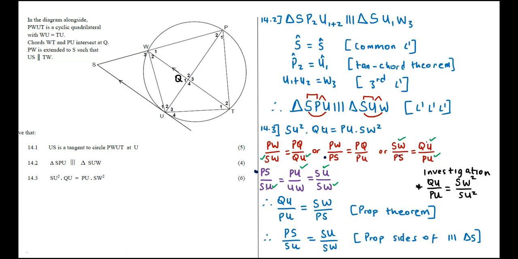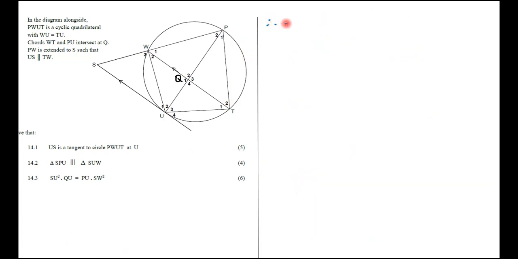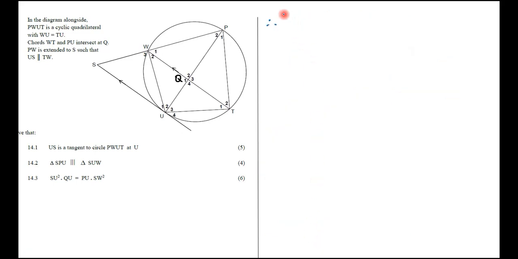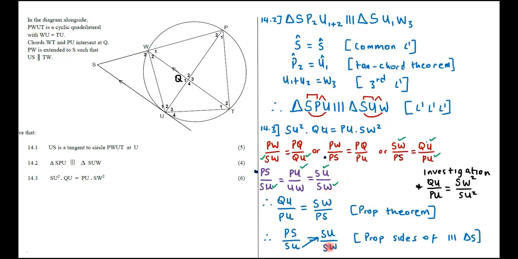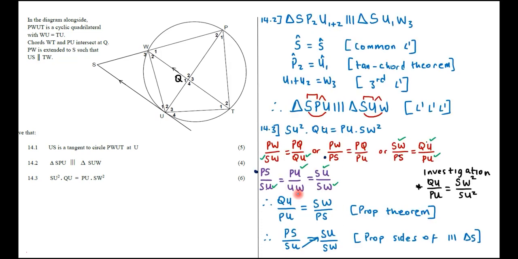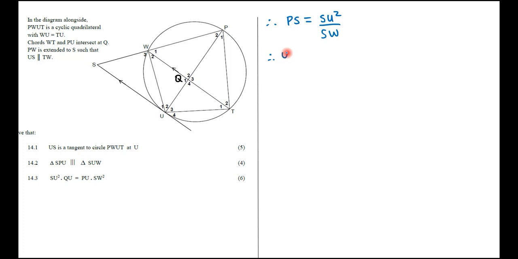Okay, so having that, what does this mean now? Basically, from here I can cross multiply, and then I'll be left with PS as SU times SU, which is SU squared, over SW.